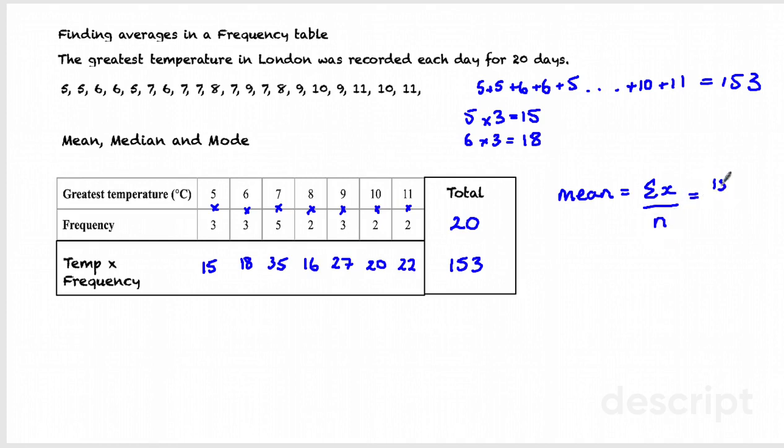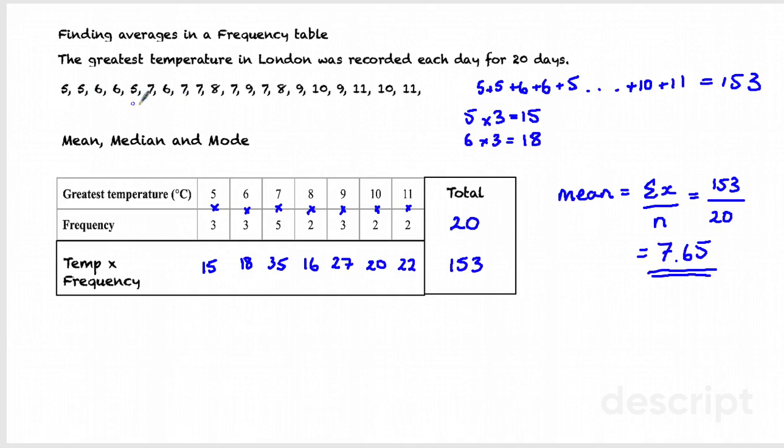In this case, it's 153 divided by 20, and that is 7.65. I'm just going to consider that value. That value is somewhere along here in my temperatures, 7, 7.5. So it must in some way represent the middle of my data. So I feel confident that's a sensible value. So that's our mean.